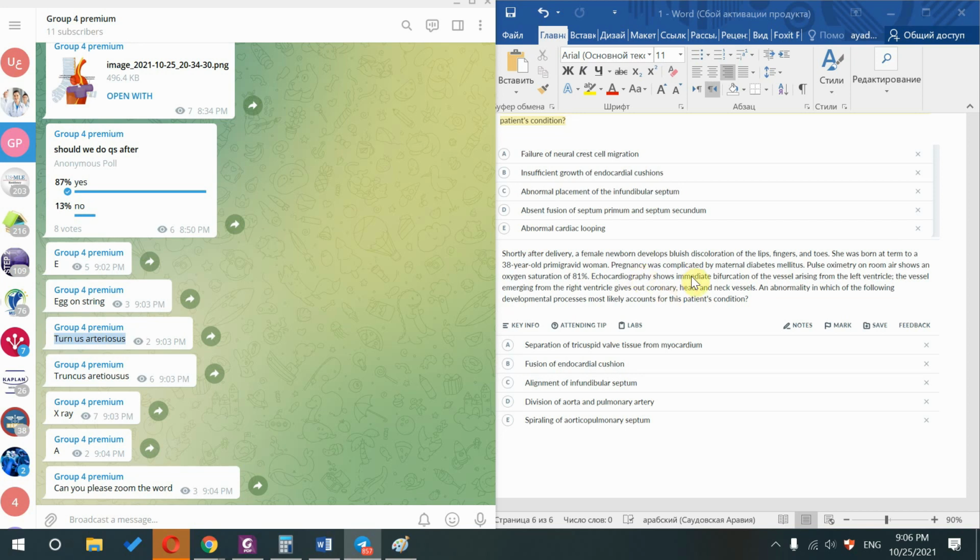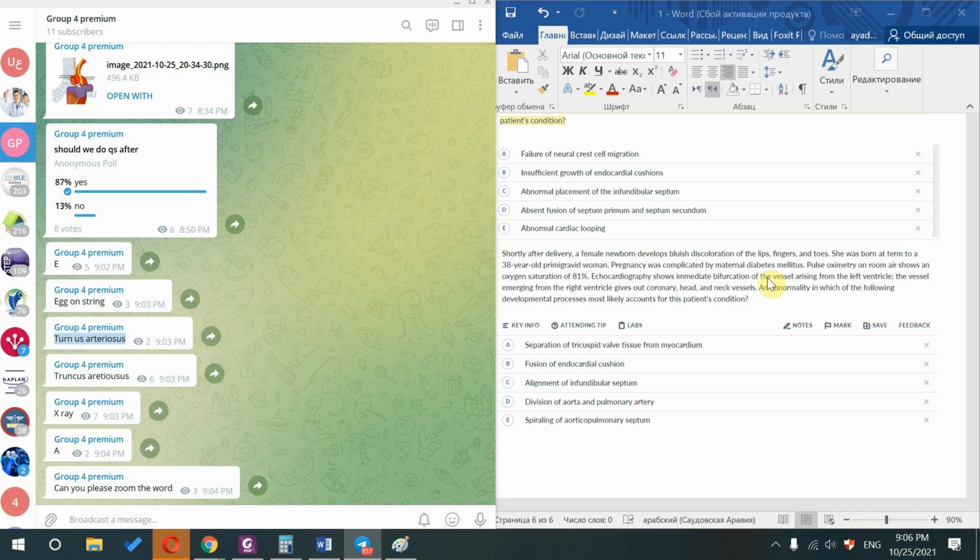And this is where it is important. Immediate bifurcation of the vessel arising from the left ventricle. The vessel emerging from the right ventricle gives out the coronary arteries. This is abnormal, guys.